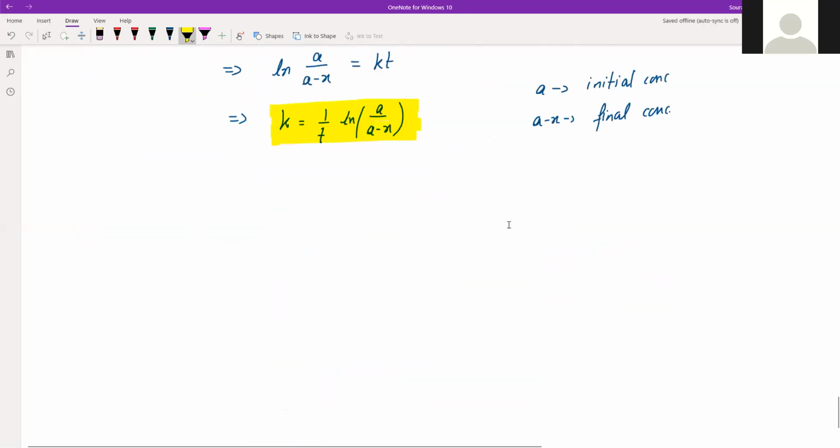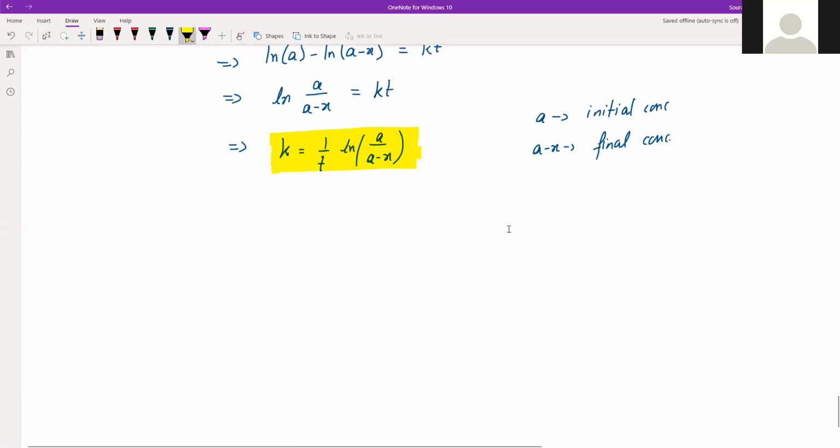This actually gives us some idea about the rate constant k, that its unit depends on the order of the reaction. So now if you try to find the unit of k here, what is the unit of log? It is a by a, concentration by concentration.